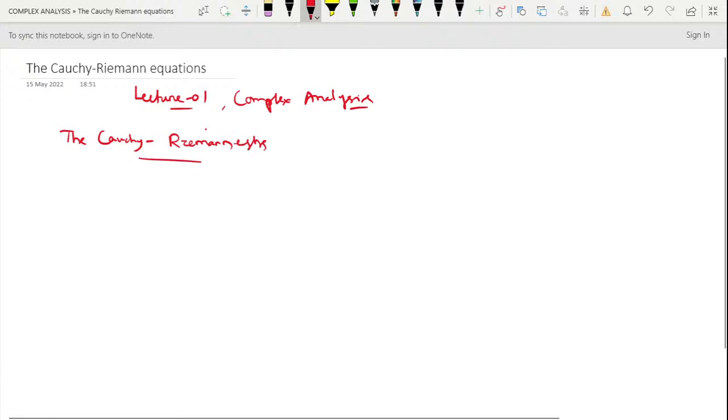Okay. So, before starting this, you make sure that you know the fundamental things of complex numbers and what is limit, continuity and differentiability.